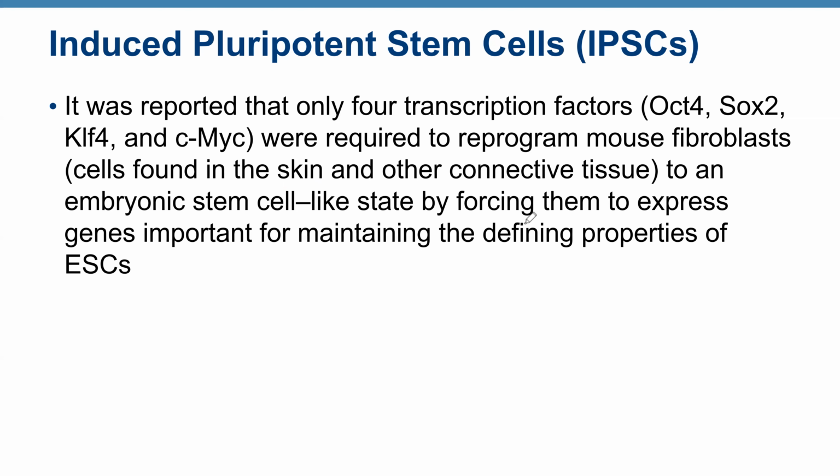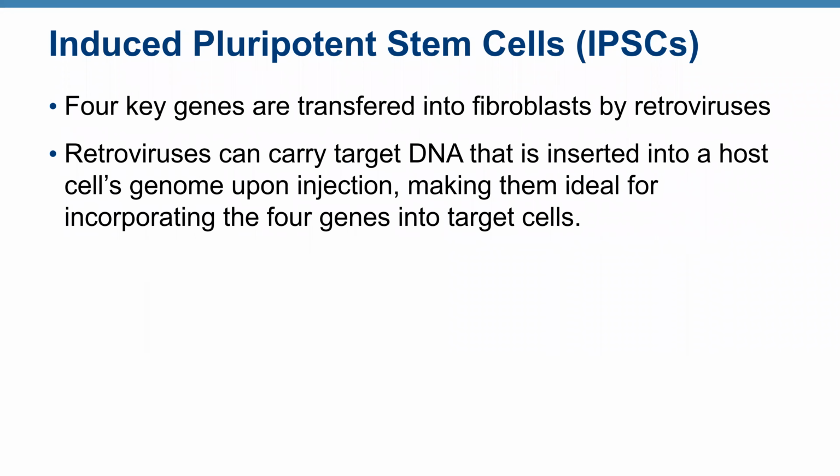We will force them to express genes important for maintaining and defining properties of embryonic stem cells. Right, so now we know that we need these particular factors. We need to insert them into maybe a skin cell, a fibroblast, and it can become an induced pluripotent stem cell.